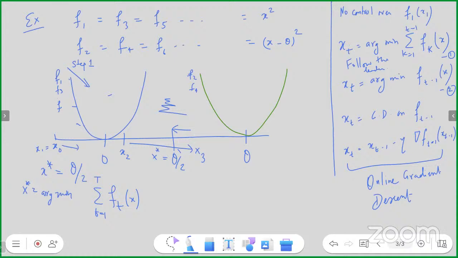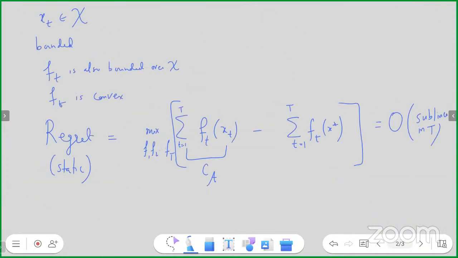1 by root T. That would be too small, right? You're saying regret, or defined after regret? So one way to say it is regret divided by T. Are you saying regret divided by T is 1 by square root T? Or regret itself is 1 by square root T?